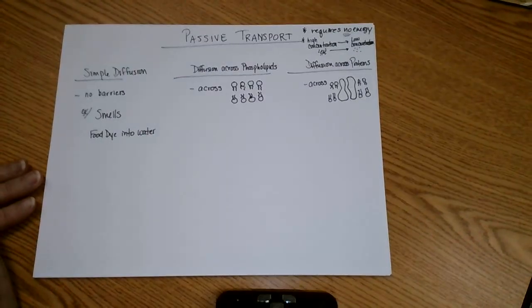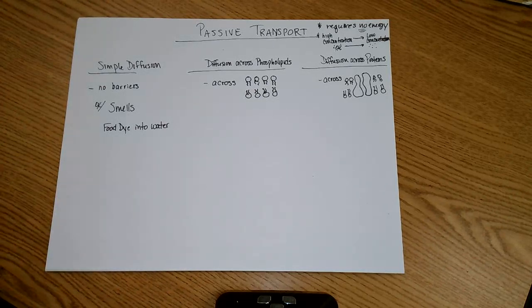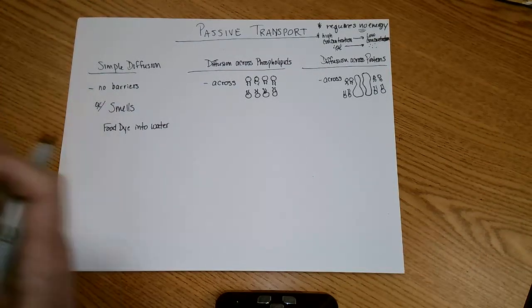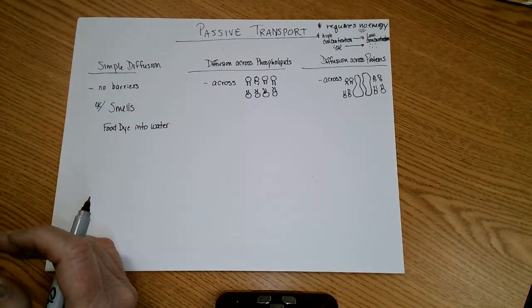I wouldn't even have to stir it, but eventually that food dye would diffuse from where it's highly concentrated in those drops to low concentration throughout that beaker or cup of water. And it would eventually distribute itself all equally. That's simple diffusion. That's a common thing.